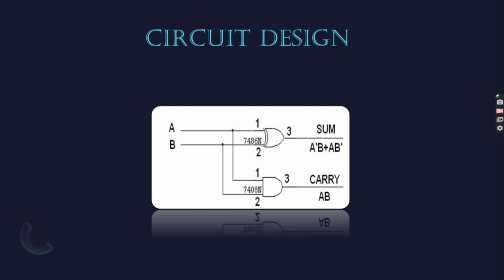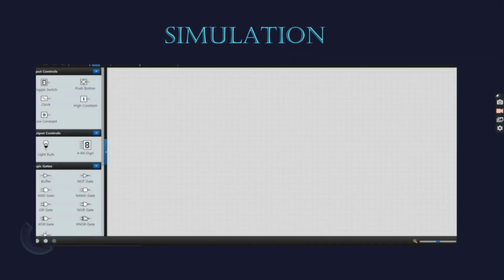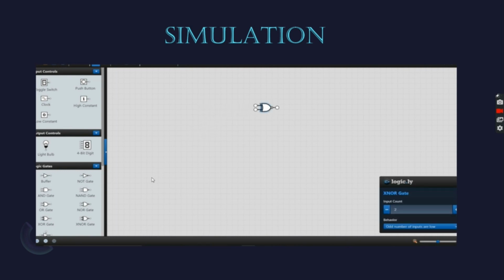Circuit design of half adder. It consists of two inputs, XOR gate, AND gate, and the two outputs, sum and carry. The working of half adder is shown here.